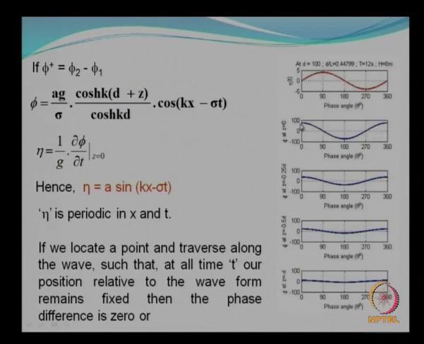This will be a cosine variation, as we have already seen the variation of velocity potential and the variation of eta. Now here the phase of the velocity potential is off by about 90 degrees from the eta. Now you look at the magnitude of the velocity potential.